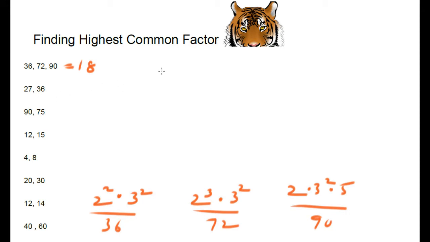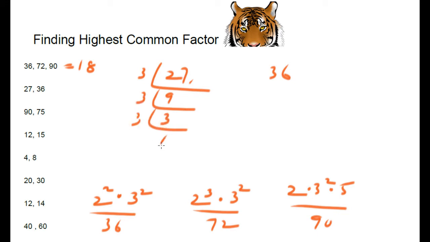I'll do one more: 27 and 36. Prime factorization of 27, only 3 can be used for this number. So 3 times 9 is 27, 3 times 3 is 9, and 3 times 1 is 3. So the prime factors of 27 are 3 to the power of 3.